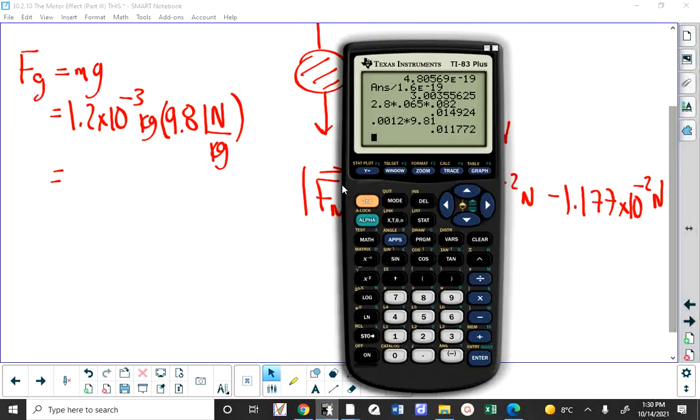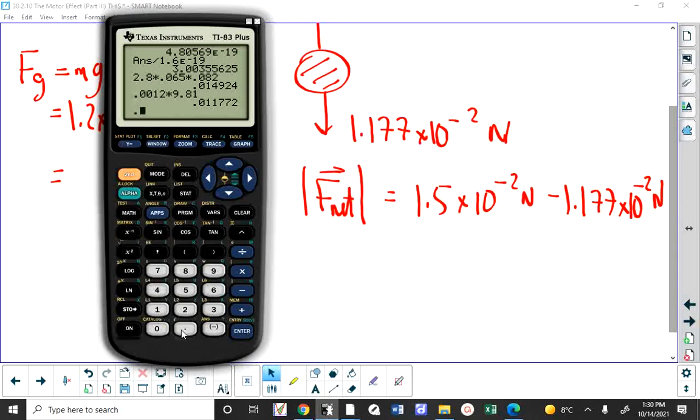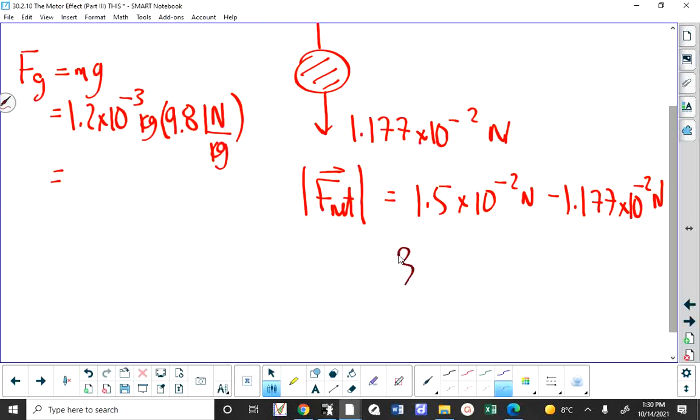The direction, of course, will be up. Carrying all of my decimals, I get 3.2 times 10 to the negative 3 newtons. Up.